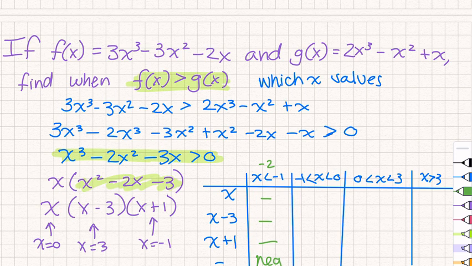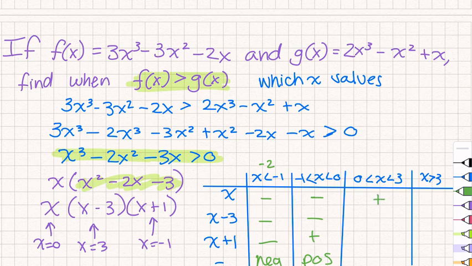We use a number in between negative 1 and 0, so that could be negative 0.5. And you get negative, negative, positive. A number between 0 and 3, you could use 1.